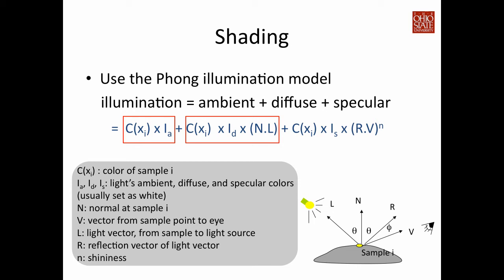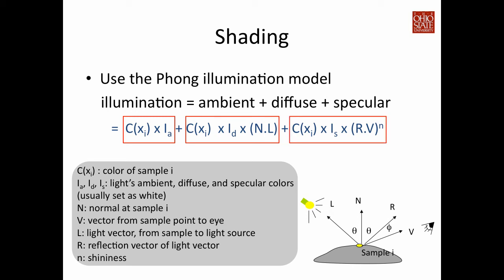This modulation of the direction is computed by a dot product n dot l, where n is the normal. The normal is the orientation of the point, and l is a vector from the point to the light source. C of xi is the same thing, the color you want to assign to this current point's data value. And Id, again, is a coefficient that determines how much contribution you want this term to add to the final color.